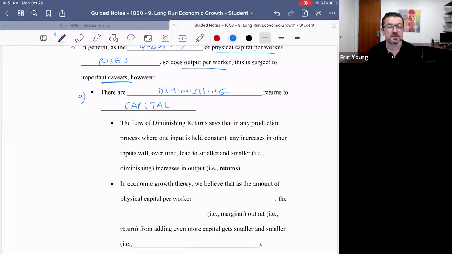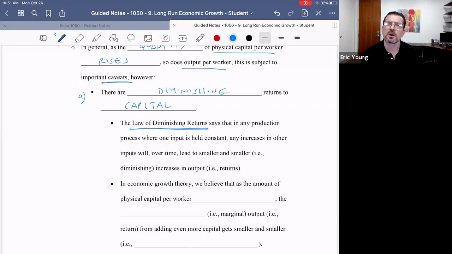One caveat is that capital is subject to diminishing returns. Now, the idea of diminishing returns is so powerful in economics that it really has the status of a law. It's an economic law. Call it the law of diminishing returns.